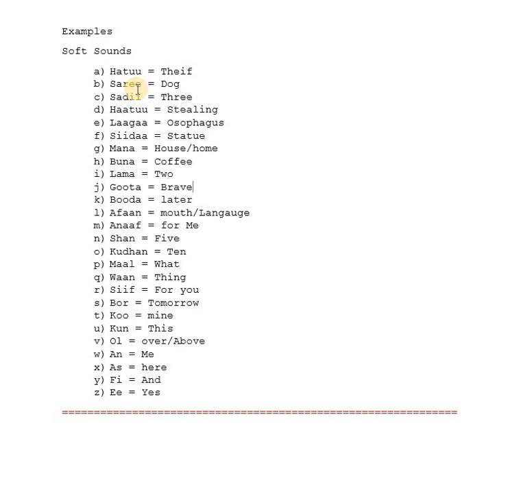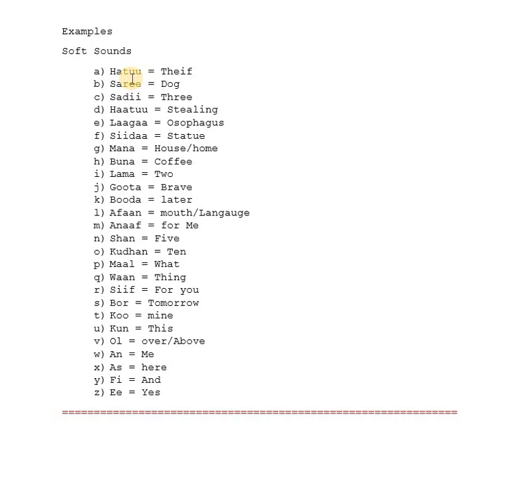Could be long words, could be just words like as and ol. They're all short and they are all soft. Here I'm not discussing short or long, but these are all about soft sounds. In soft sounds, there is no deep sound we hear.